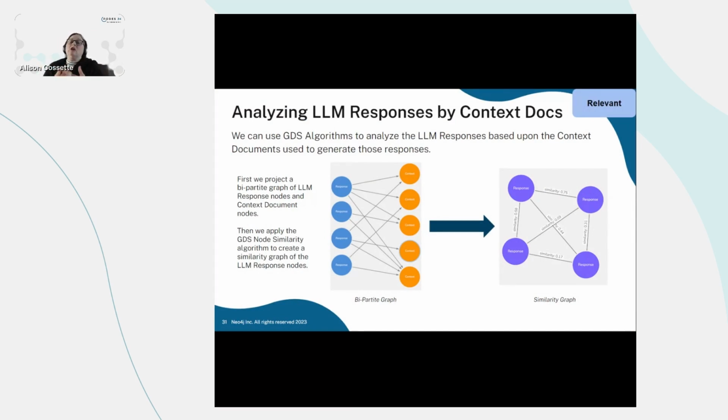So looking at communities of questions can be a really interesting element for you. Sometimes folks will actually use that for sort of pre-filtering. If you've got lots and lots of documents and you've got a question that comes in that's similar to one that's been used before, you can use that as a way to optimize. But looking at the similarities of those questions and messages and responses is another way that you can use graph data science to further make sure that you're getting the relevant responses to what you're working on.